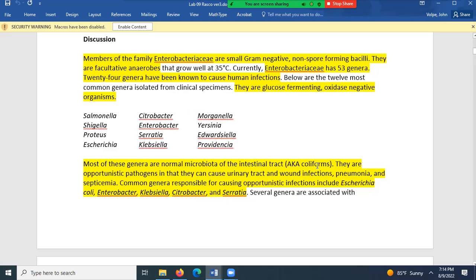They're all opportunistic pathogens in that they can cause urinary tract infection, wound infections, pneumonia, septicemia. They can grow in burn wounds.